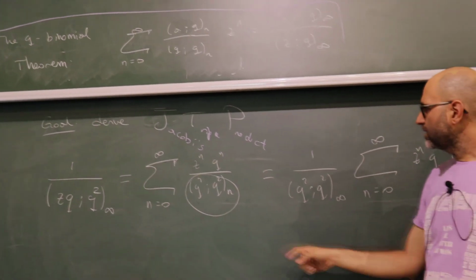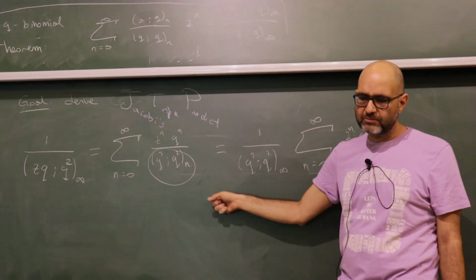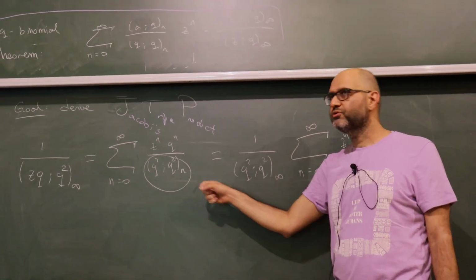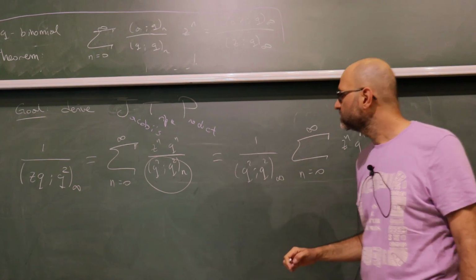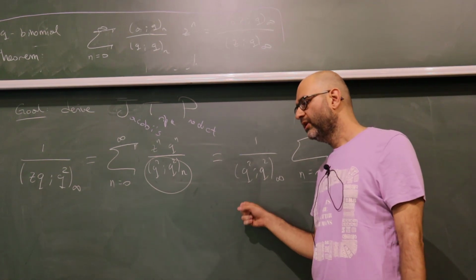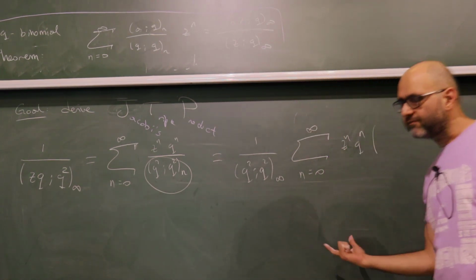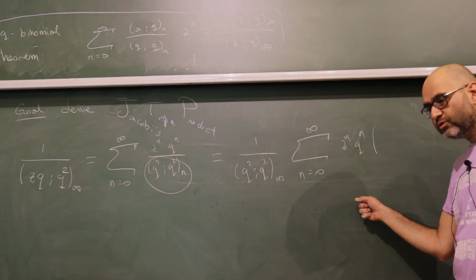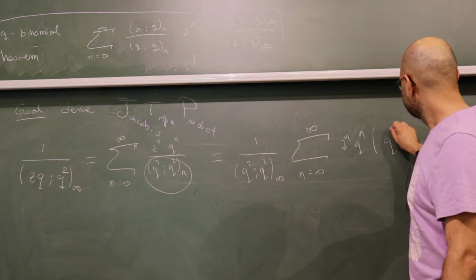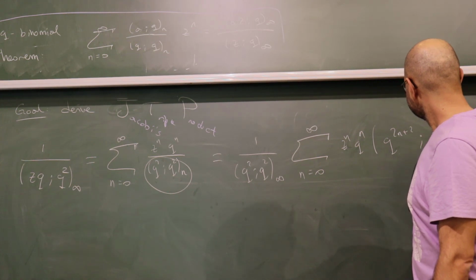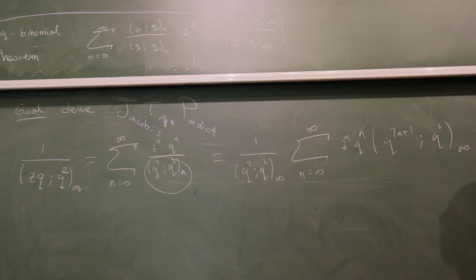What's going to be missing? Well, this starts at 1 minus q, 1 minus q squared, 1 minus q to the 4, 1 minus q to the 6, up to 1 minus q to the 2n. The first missing factor is 1 minus q to the 2n plus 2. And then we'll keep going with the base q squared.